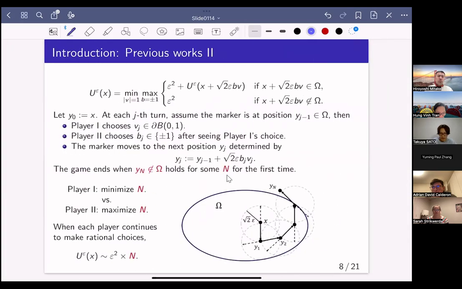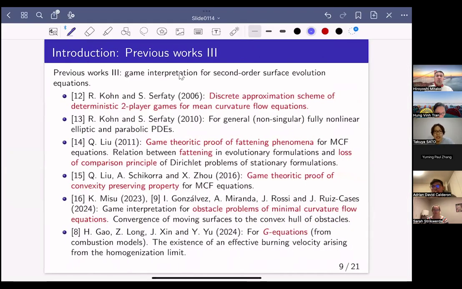So I would like to apply this kind of approach to our anisotropic mean curvature flow equations. Moreover, there are previous works using deterministic game interpretation for second order equations.